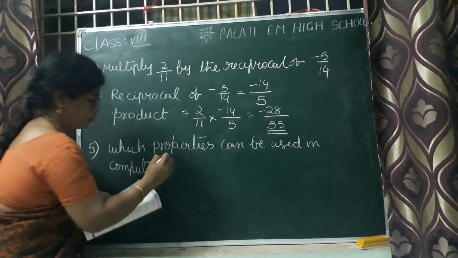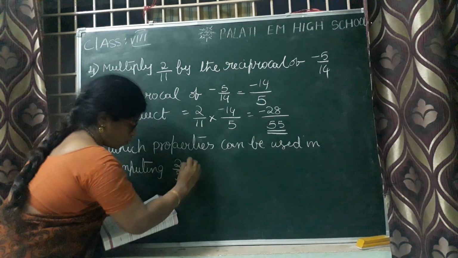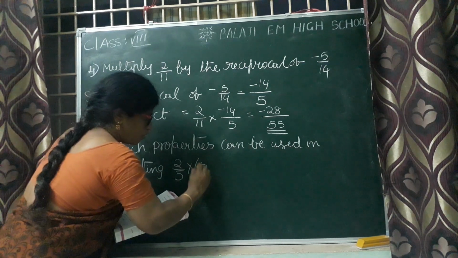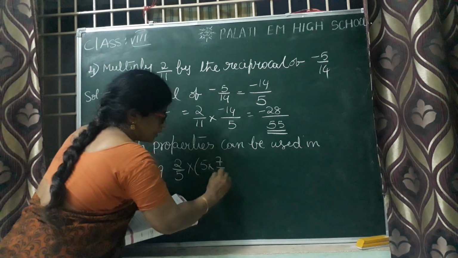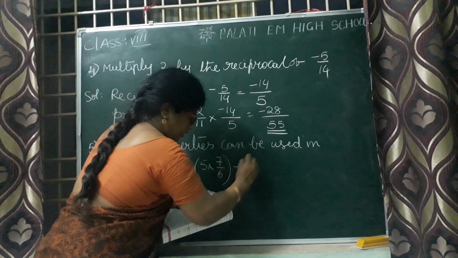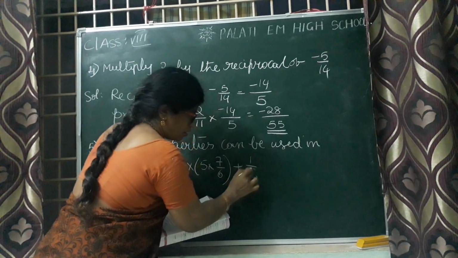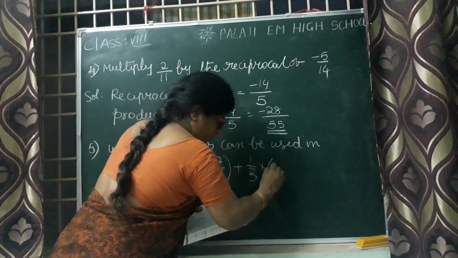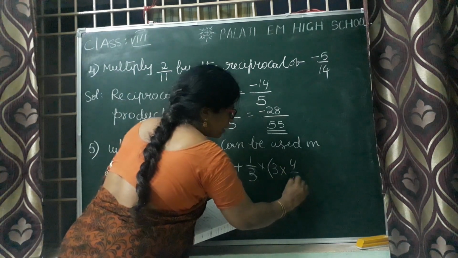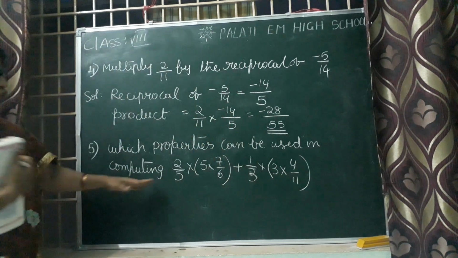So in computing you are given 2 by 5 into 5 into 7 by 6 plus 1 by 3 into 3 into 4 by 11. This is your question.